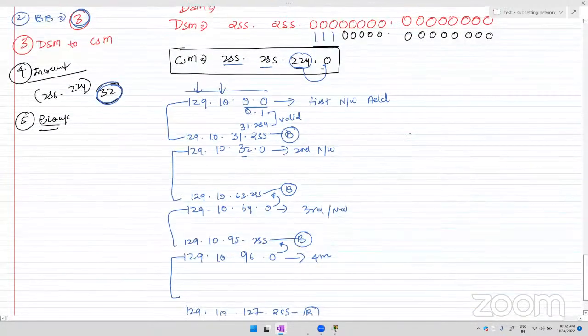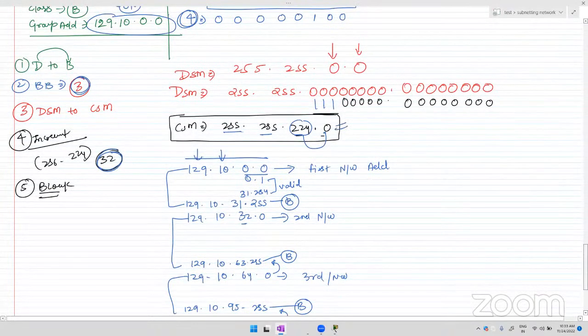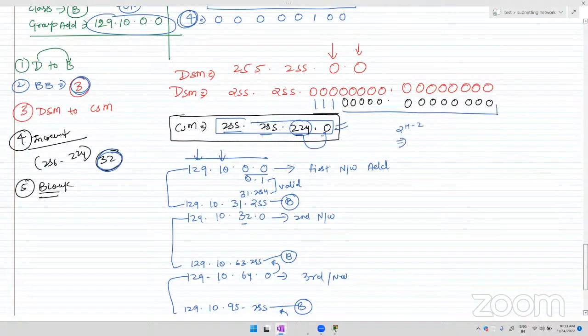Now, we are getting 4 networks, but if someone asks, with the help of this subnet mask, how many valid IPs per group, because we are using the same subnet mask for every network? So 2 power h minus 2. How many host bits? 5 plus 8, 13.